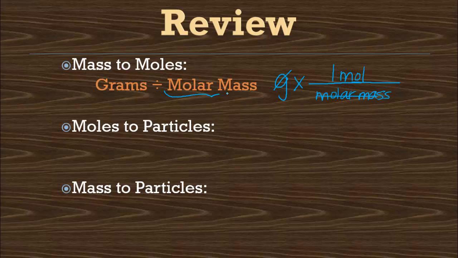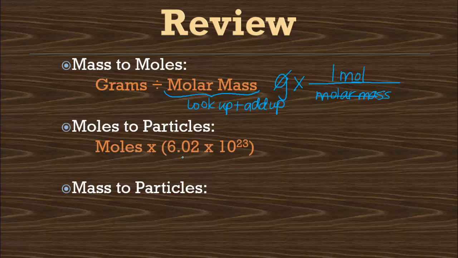So molar mass, again, we look it up and add up this time. So we're just going to take those grams divided by our molar mass. When we were going from moles to particles, we had moles times 6.02 times 10 to the 23rd, which remember is Avogadro's number.